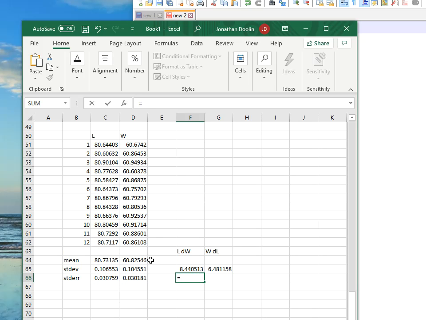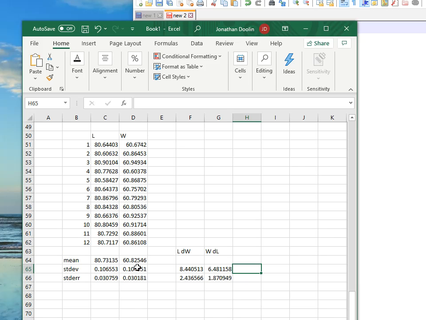So this is equal to the mean length times the standard error of the width, and this one is equal to the mean width times the standard error of the length.